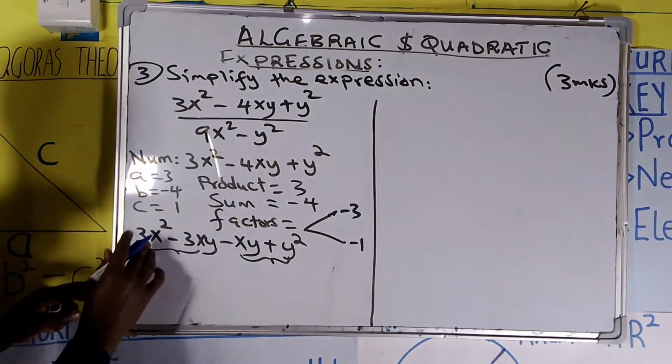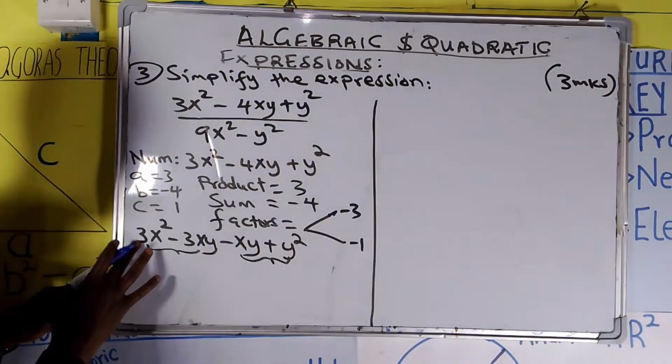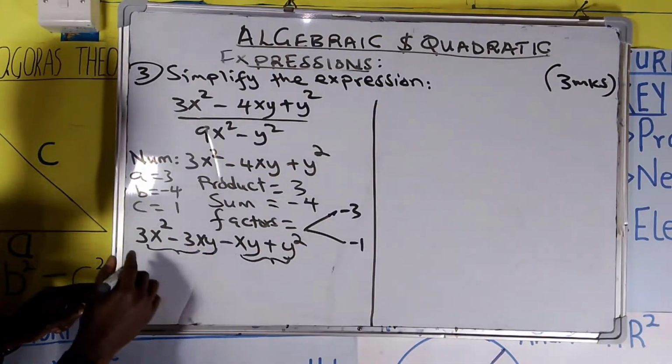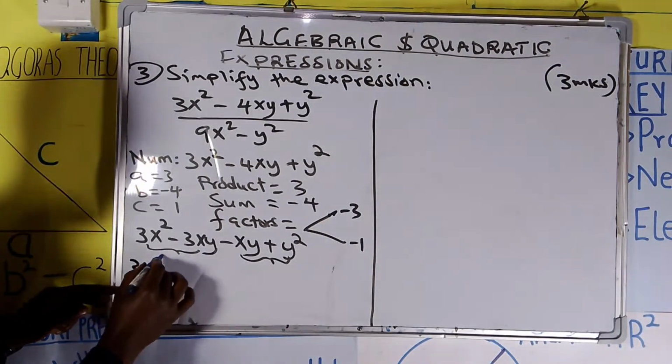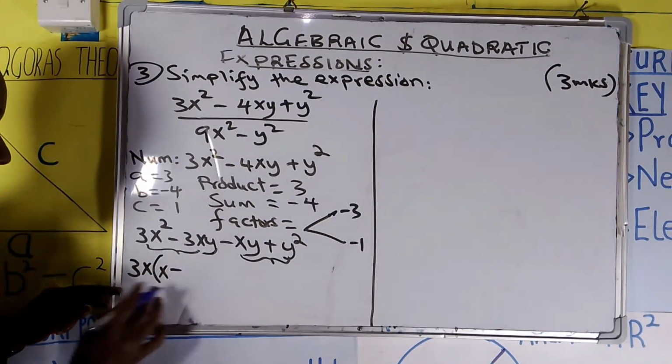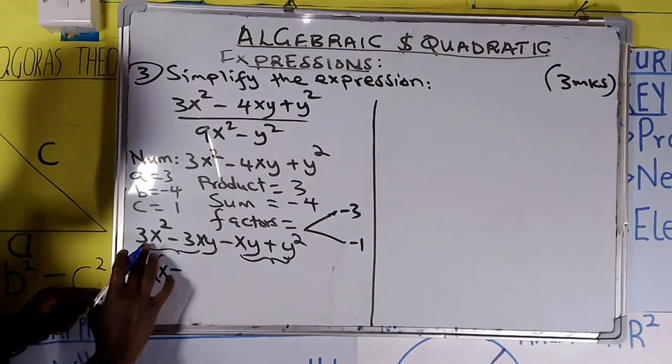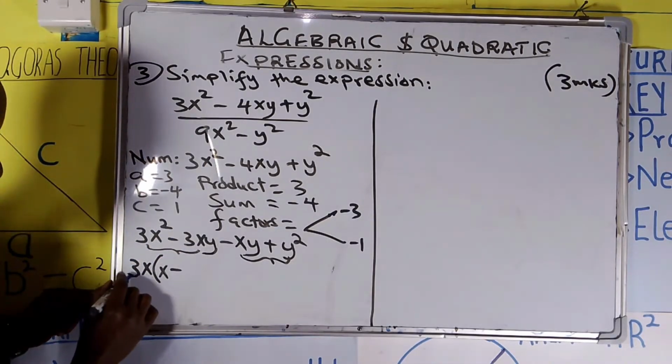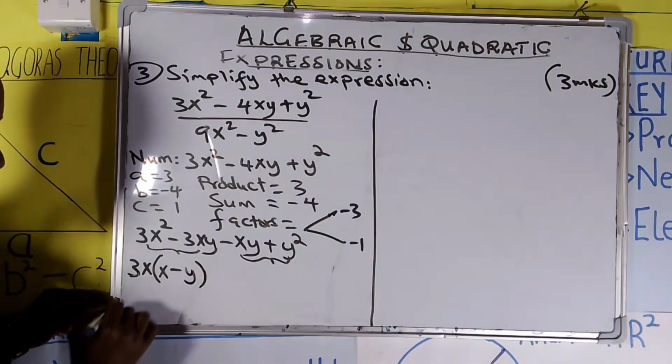We are going to get the greatest common divisor between 3x squared and 3xy, which is 3x. So tutatoa 3x nje, tubaki na x minus, so 3x times x is 3x squared. If 3x ndo iko nje, hapa ni nini itakuwa ndani? Ni y.